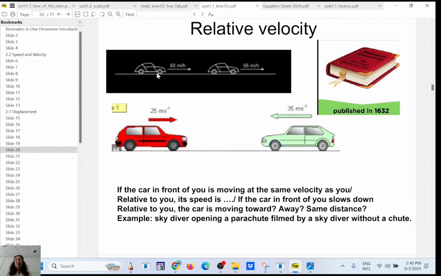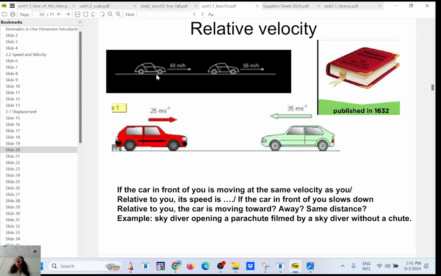Now, let's think about it here. From someone outside, this car has a velocity of 60. This one has a velocity of 55. Now, this one is moving toward the other car, right? So it's going to take more time to catch up because this one is fleeing away.